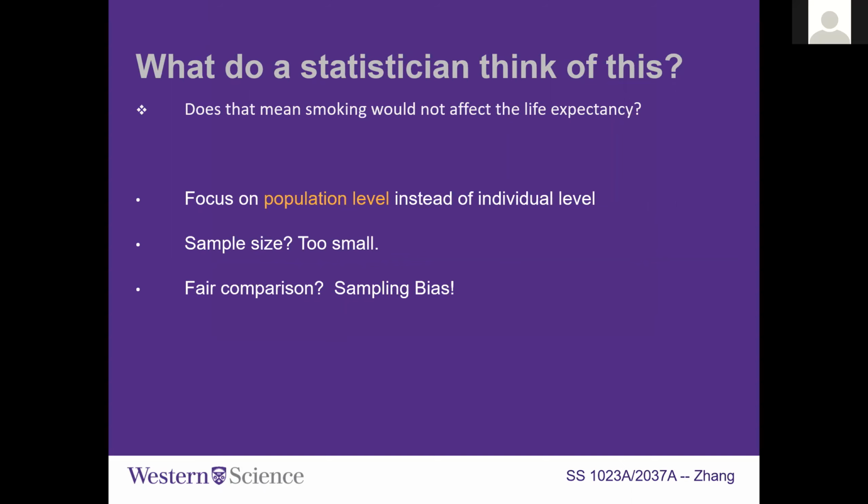First of all, from a statistician's point of view, we never talk about the individual level. So we won't look at just these examples by themselves, but instead we want to look at the big picture, the whole population.